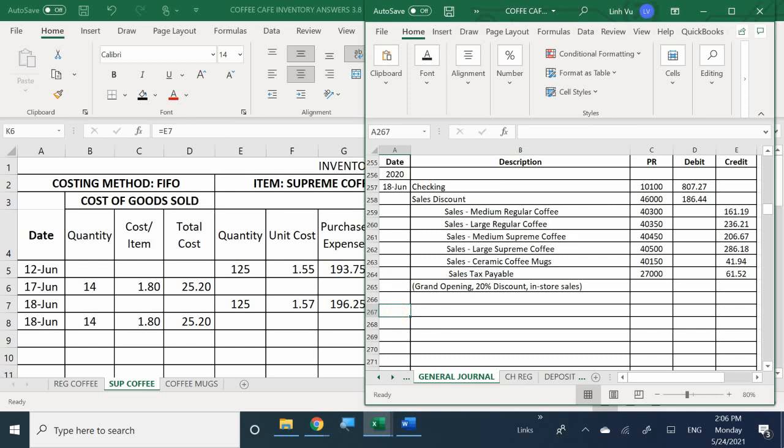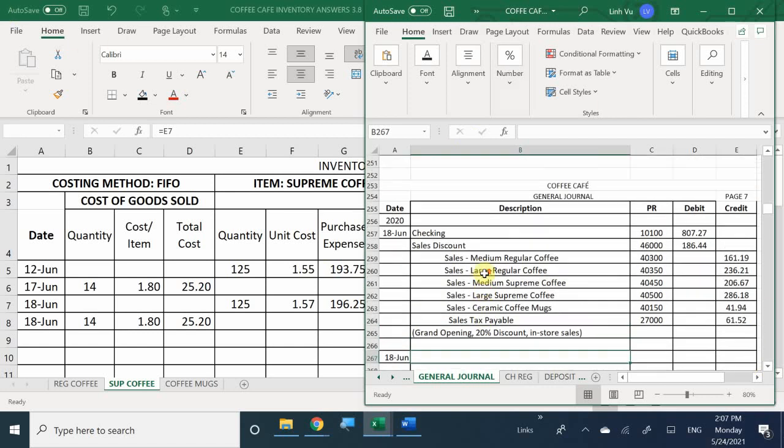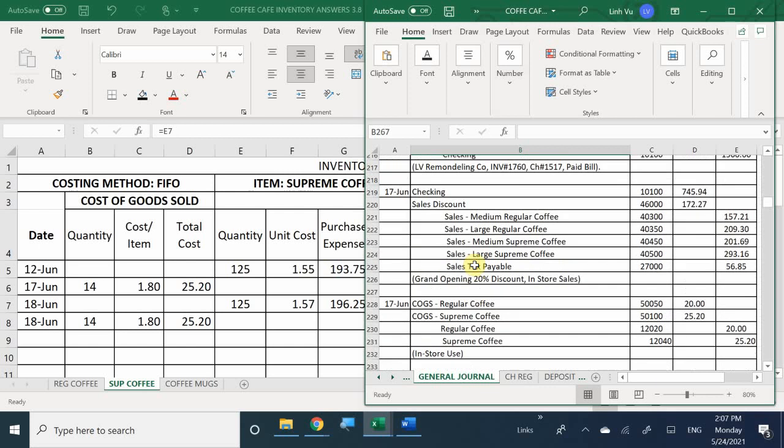So what I did was, now that I had my figures, I went back into the general journal, 618, and I did cost of goods sold regular coffee, cost of goods sold Supreme coffee. Then my credits would be regular coffee and Supreme coffee with a note saying in-store use.